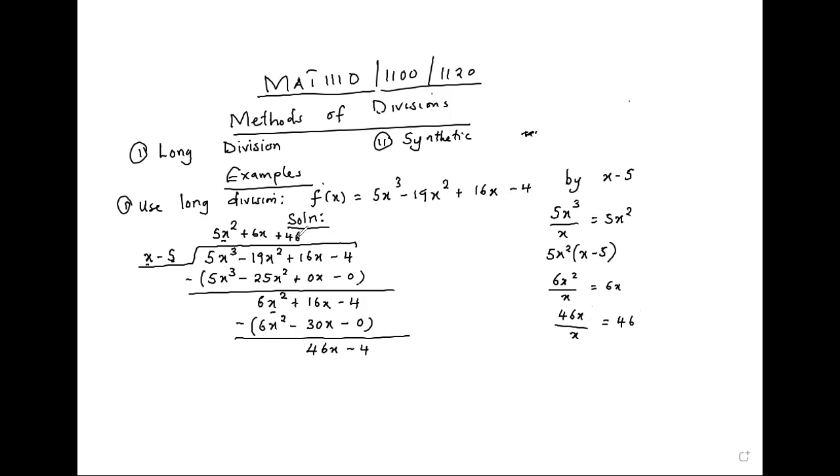Then we multiply. So we're going to get 46x minus, what is 46 times 5? That is 230. So we put a 230 here. And then we subtract.